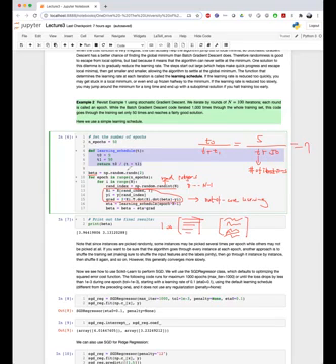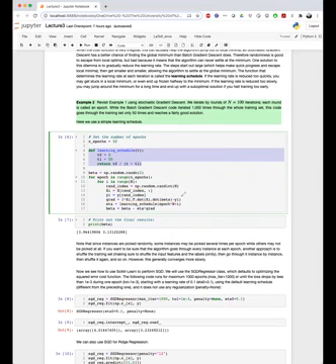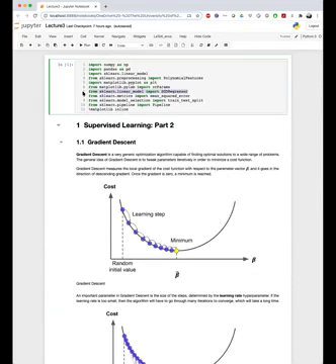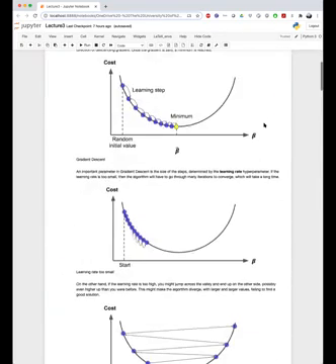For linear regression, if you don't want to solve the normal equation, we can use stochastic gradient descent, using the SGD regressor. We import it in the very first cell from sklearn.linear_model.